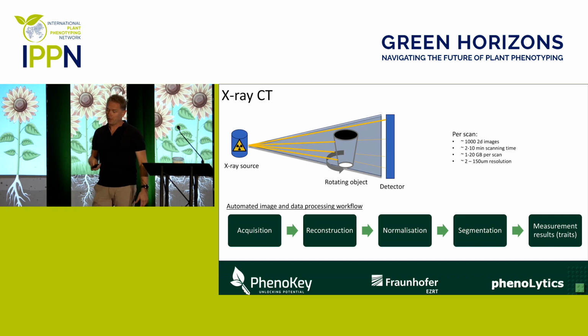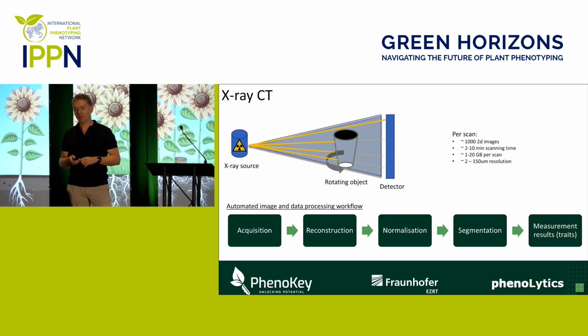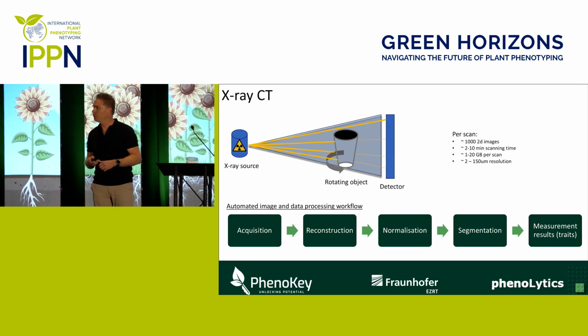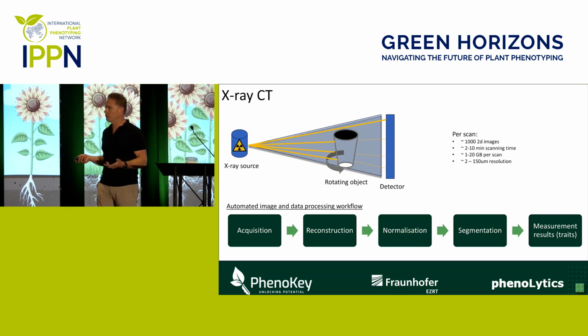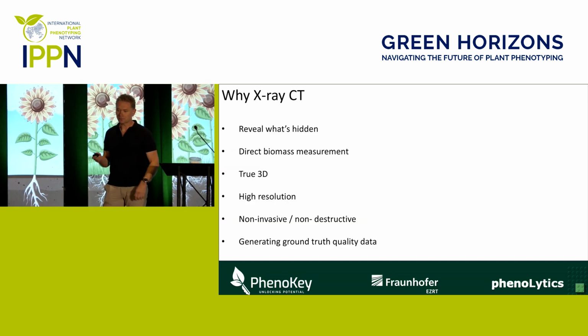They are inserted in an automated pipeline, automatically reconstructed in a 3D volume, normalized to remove some artifacts that are in there. And then the fun part starts in segmenting the 3D volume for the objects that you're interested in. When these are segmented, then the actual measurement starts, and that is to then measure and write down the trait information and make it available for further research.